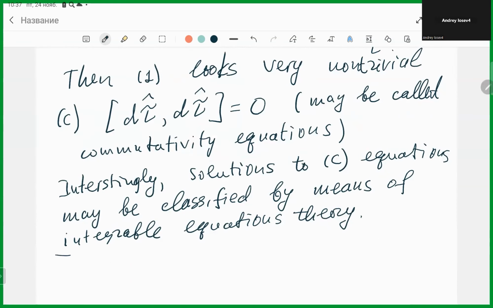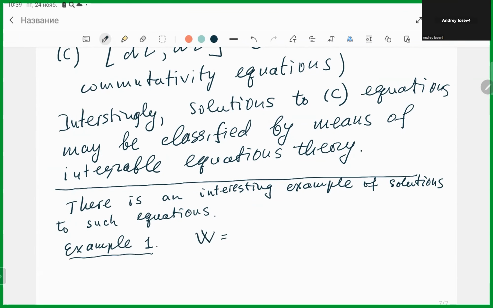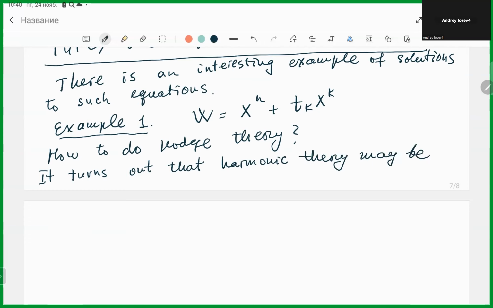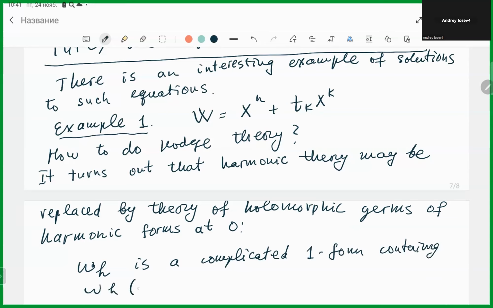Let me make more comments on these equations. An interesting example of such equations. It's example 1, where W is x to the power n plus p k x to the power k. How to do Hodge theory? It turns out that harmonic theory may be replaced by the theory of holomorphic germs of harmonic forms at 0. So omega harmonic is a complicated one form, depending on x bar, dx bar.